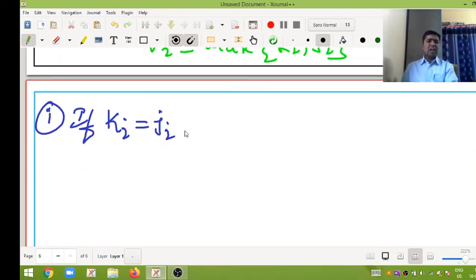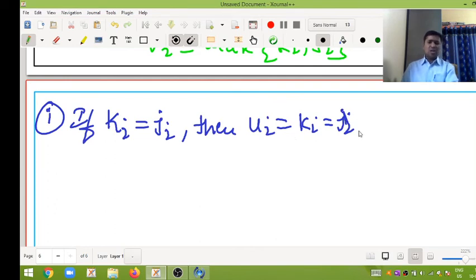If ki is equal to ji, then ui is equal to minimum of ki comma ji. If ki is equal to ji, ui is equal to either ki or ji, my dear friends, either value, as well as vi is equal to either ki or ji, anyone you want to use.